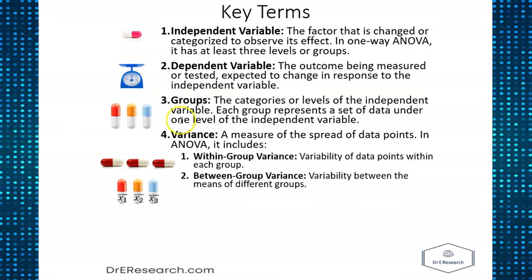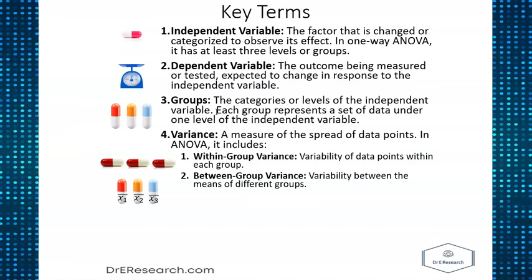Okay, and then we have groups. Here we have 3 pills representing our 3 groups, or different levels of our variable. Sometimes the groups are as simple as different racial or ethnic groups. Sometimes they are different treatments. Sometimes they're different locations. They can be anything where we want to compare the mean for those 3.